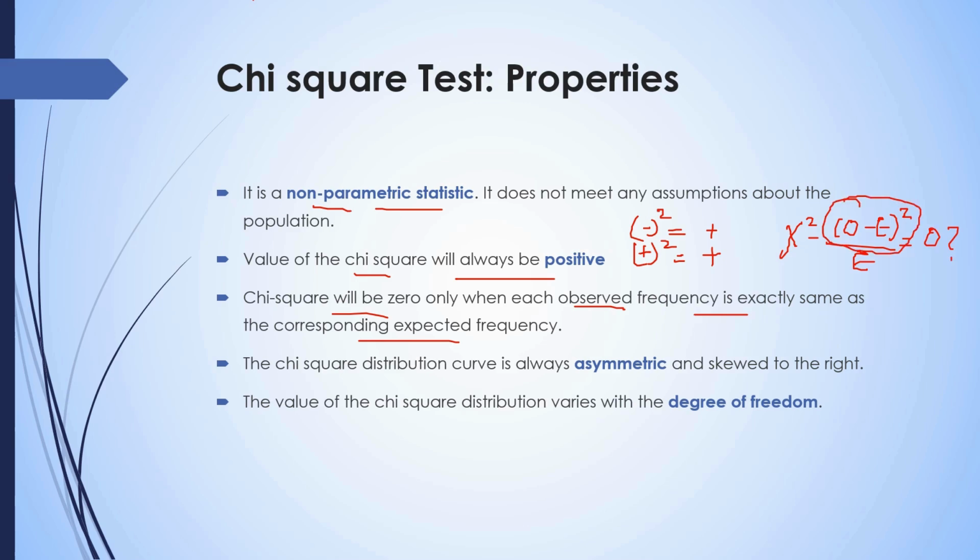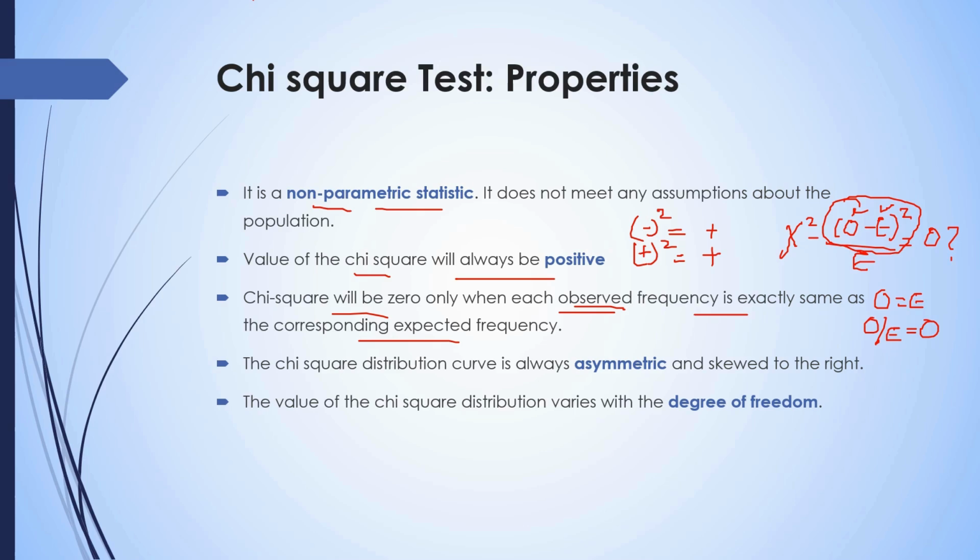And when will this become 0? When O is equal to E. When O becomes E and you subtract it, you will get 0 by E. 0 divided by any number is 0. Okay, so chi-square will be 0 only when each observed frequency is exactly the same as the expected frequency.